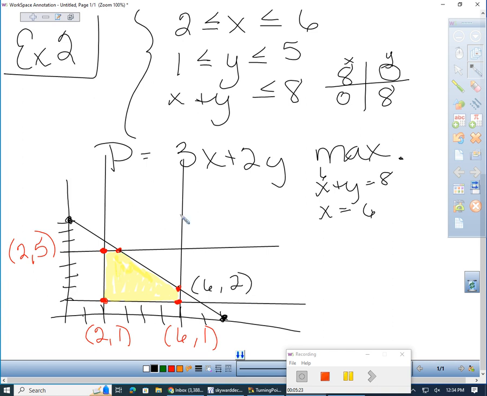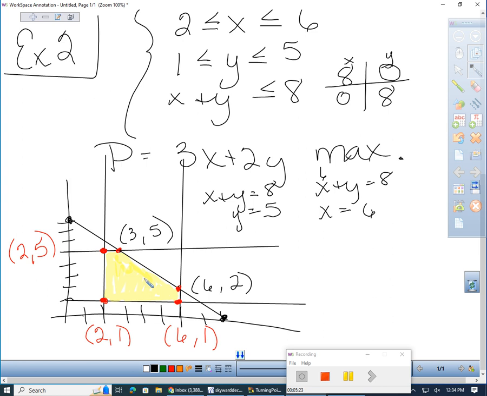This one also falls on that x plus y equals 8 line, but this time I know y is 5. So this point is 3, 5. Because it falls right on this vertical line right here, which was x equals 6. Okay? That's why. And this one fell right on this horizontal line where y equals 5. That's why I did that.